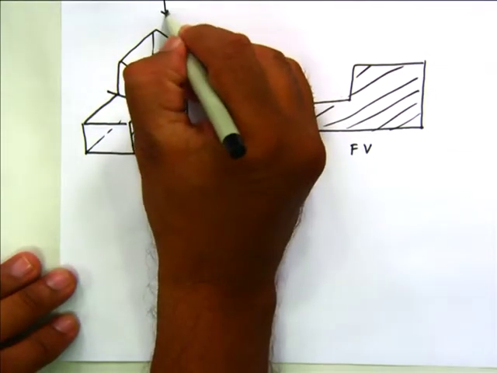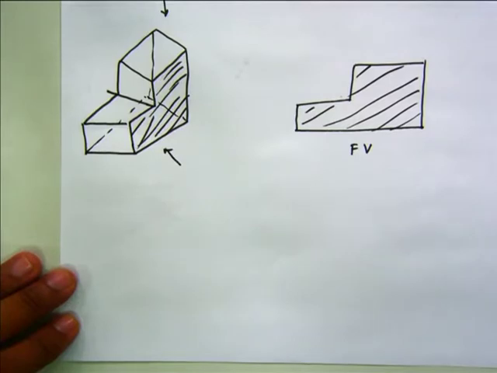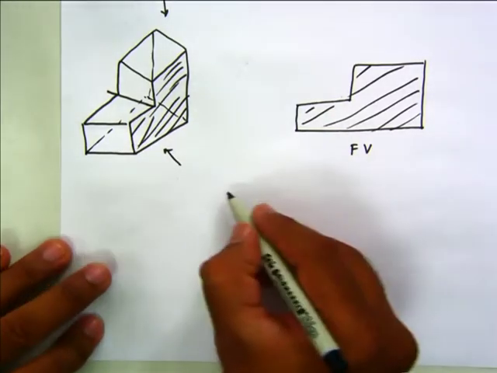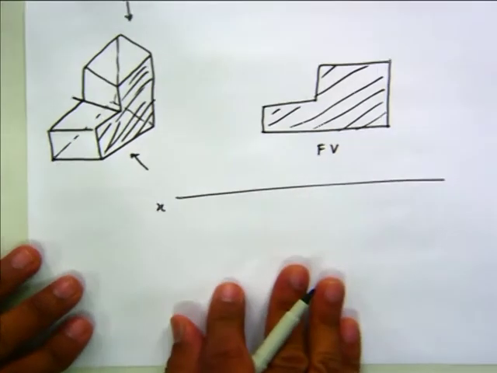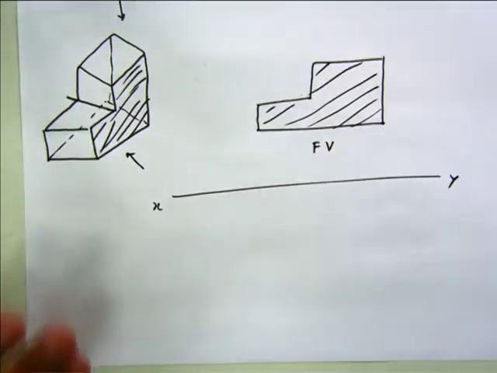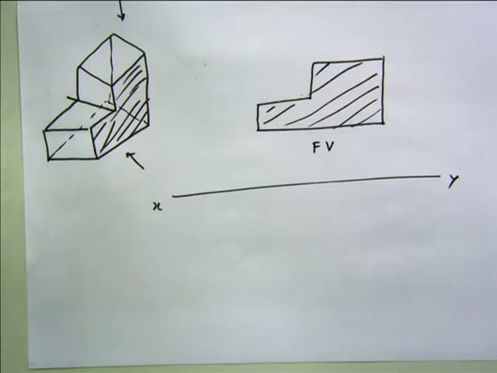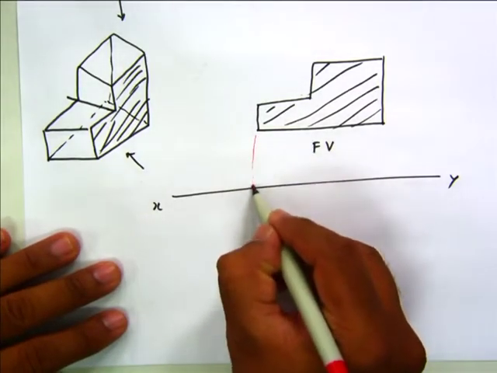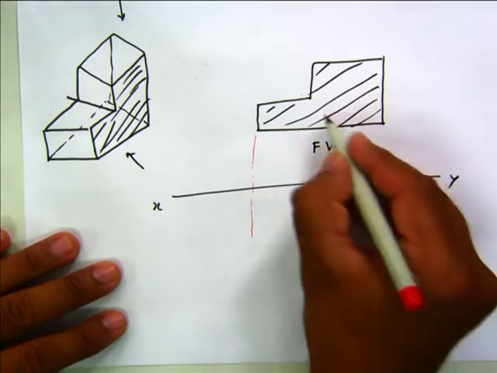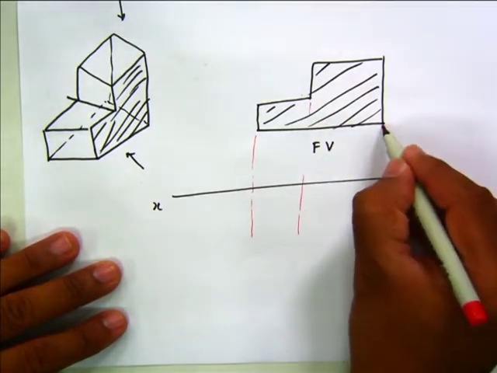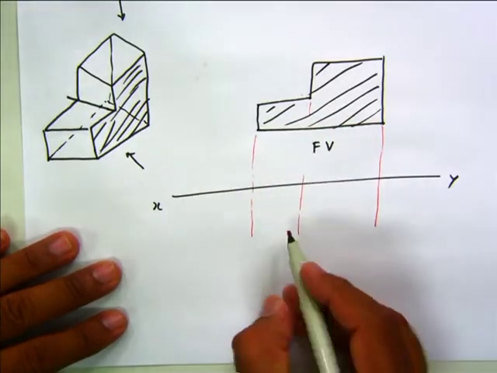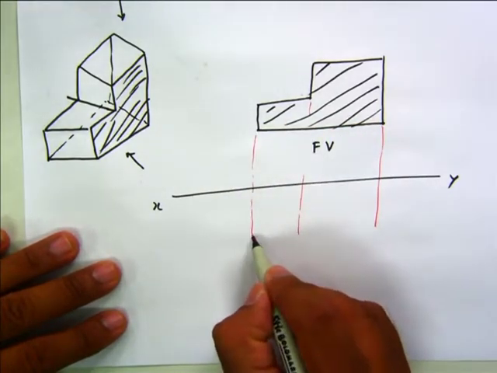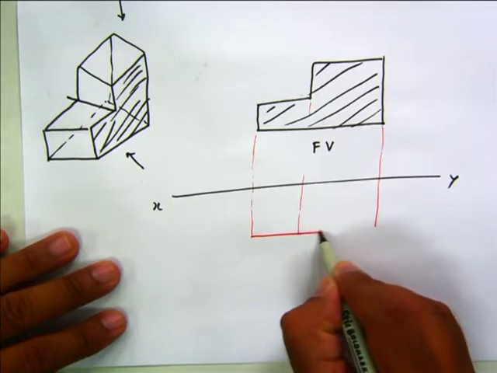When you are viewing from the top, let us have X and Y. Bring down the projections from this front view. It looks like this.